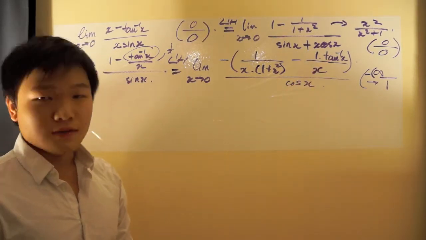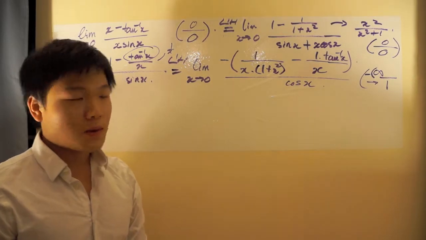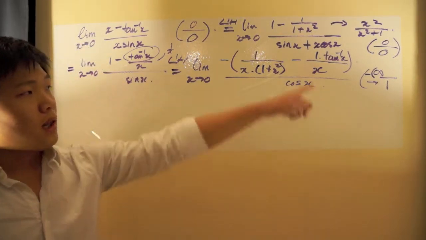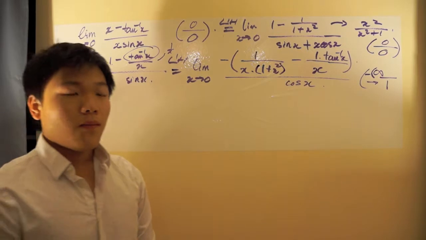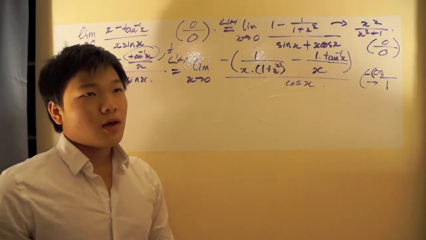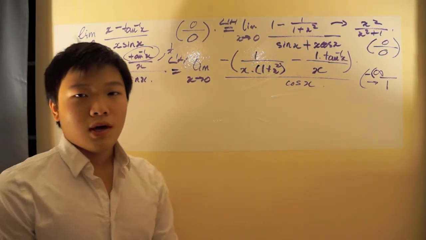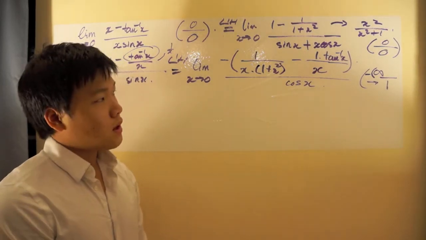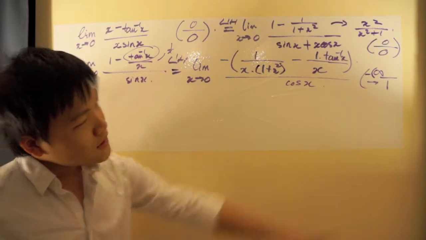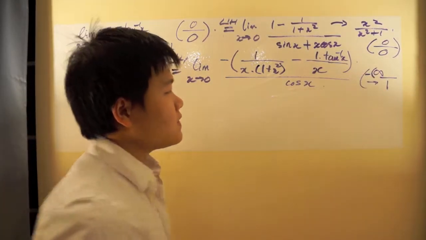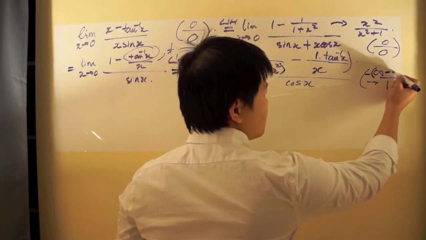That would be an indeterminate form as well. So you can apply L'Hopital's rule for that individually. But I think with enough practice, you can tell that that limit will approach infinity. So inside here we have minus, parentheses, infinity minus infinity.